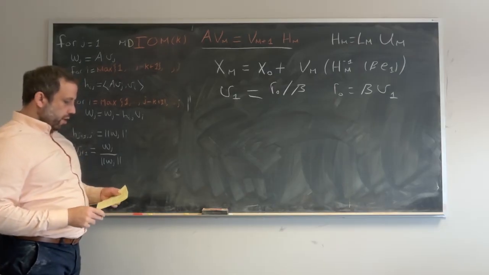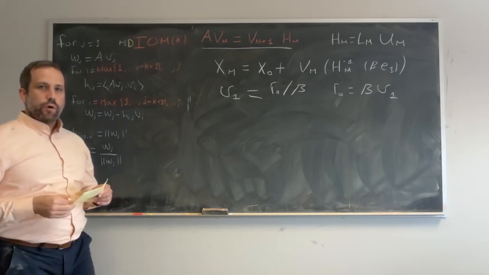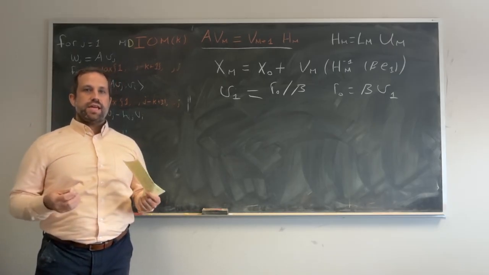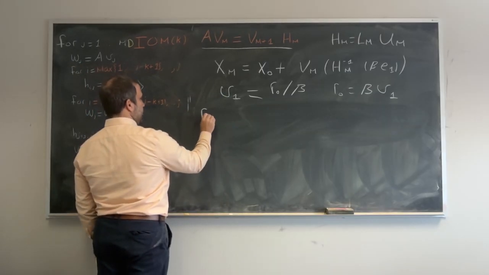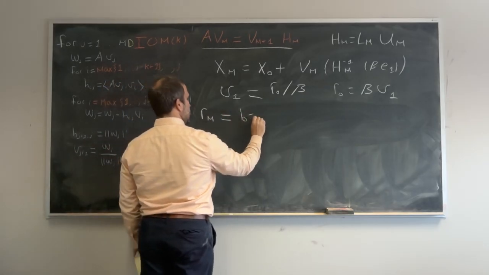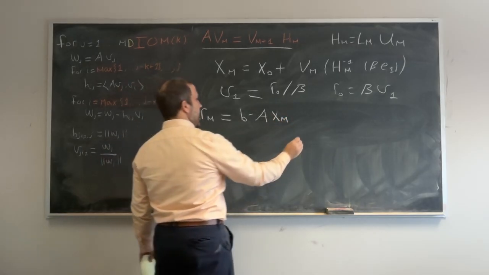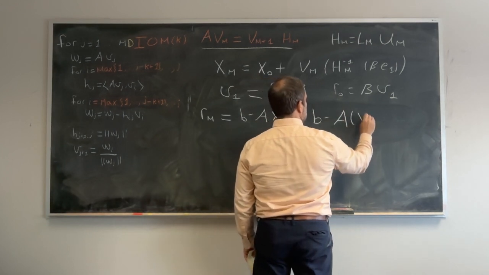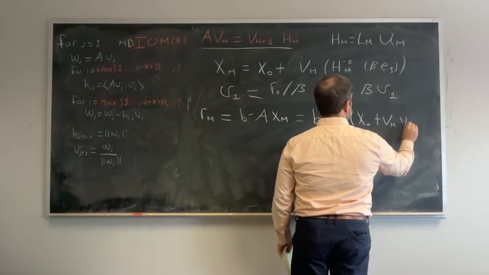Now what we need to show is that the mth residual is going to be equal to a multiple of the vector V_{m+1}. That is the thing that's going to make this computation make sense. So we're going to compute r_m. r_m is equal to b minus A x_m. So what is x_m equal to?